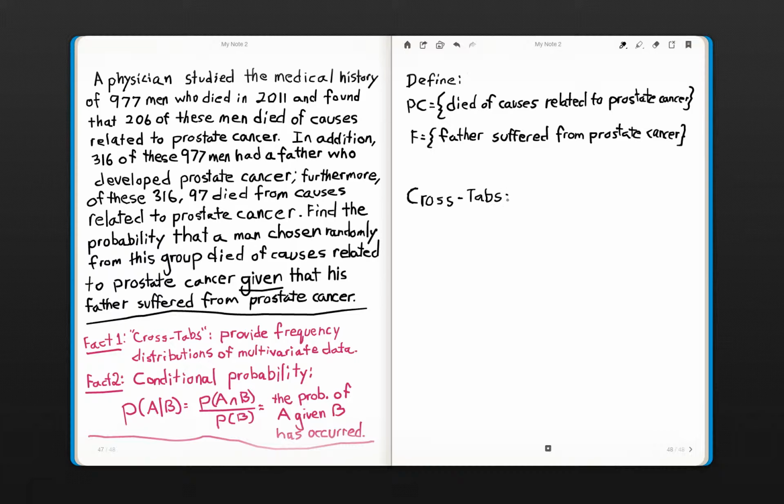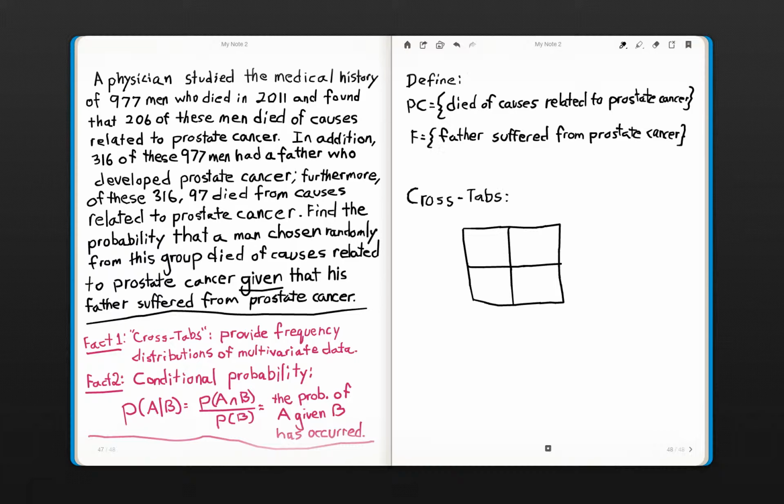This is going to be a 2x2. These are also called contingency tables, by the way. I'm going to draw a 2x2 square. The reason we know it's 2x2 is because if you read the problem, there are really two characteristics we're talking about: dying of causes related to prostate cancer or not, and father suffered from prostate cancer or not.